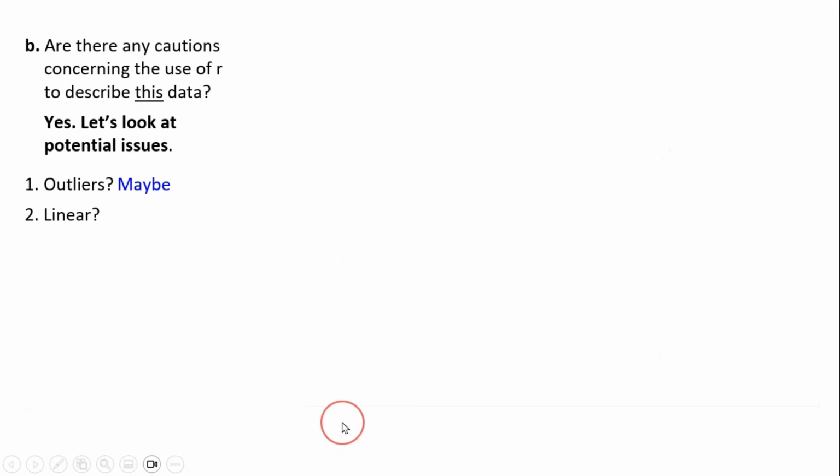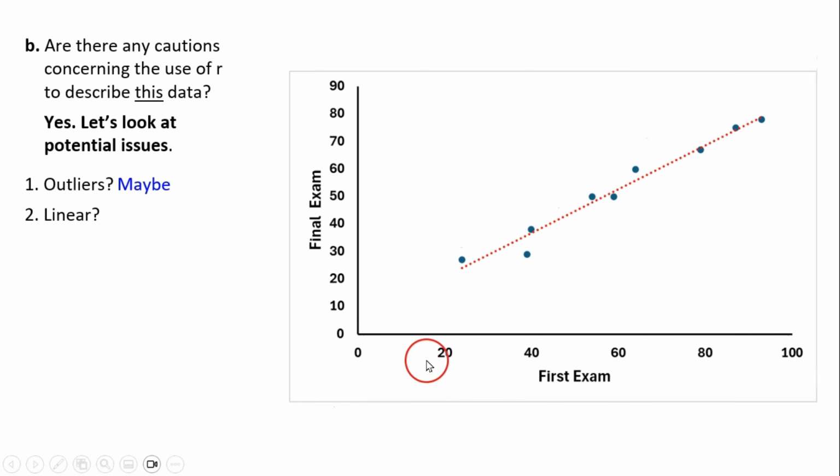A second issue then is the pattern. Is it linear? Well, if I took roughly the same number of points, which is 3, 6, 9, and stretched them out in a nice pattern like this, this is what the data might look like if it was highly linear in nature. We can put a line of best fit right through there that almost fits the data perfectly in a positive direction.